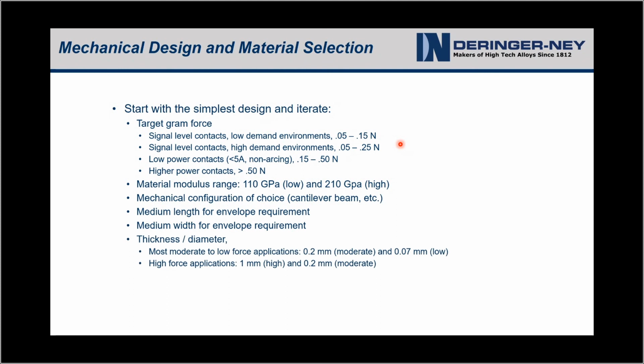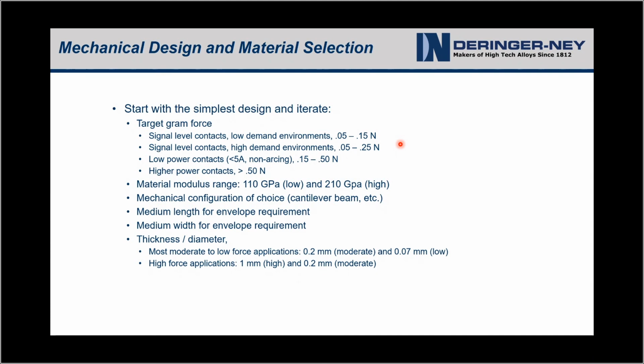For thickness and diameter, very frequently we see that all of these factors come together to result in very common ranges in material thickness. Of course, this presentation will be provided afterwards, and these are good numbers to start with.